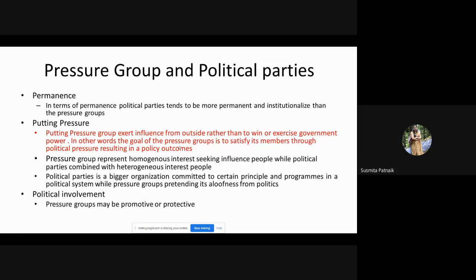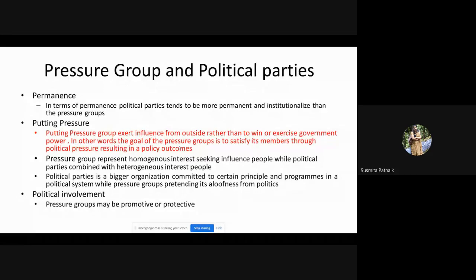In terms of permanence, political parties tend to be more permanent and institutionalized than pressure groups. What do you mean by this? It means the political party has different ideologies, different interests, different issues, and different policies. So when political parties come to the legislature, they have to remain there until they fulfill all their ideologies.